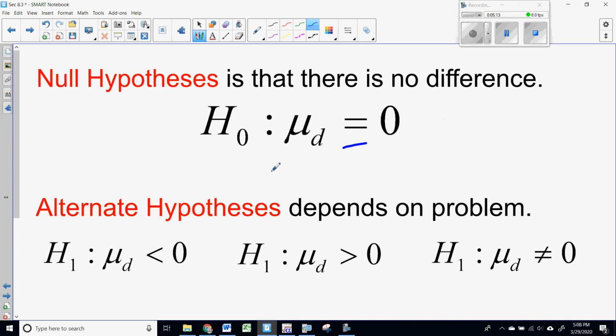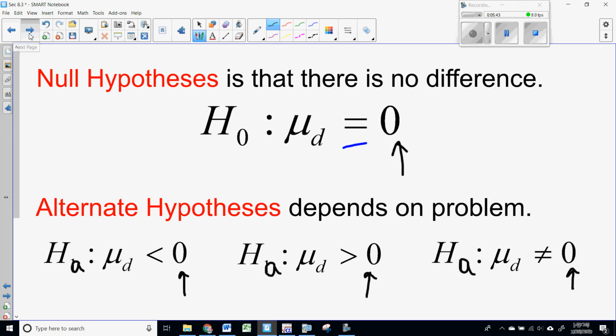Then our alternate hypothesis would be mu d is less than 0, mu d is greater than 0, or mu d is not equal to 0. And that depends on the problem. But the null is always going to be 0, because you're always looking at the difference, and these are all 0.